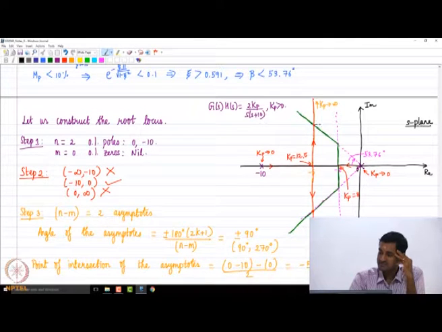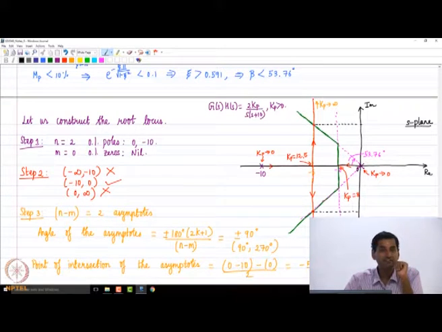What is 5 times tan of 53.76? Please take tan 53.76 multiplied by 5. What do you get? 6.82. So this is going to be j times 6.82 and this is going to be minus j times 6.82.